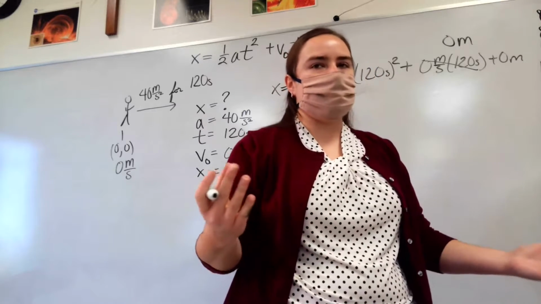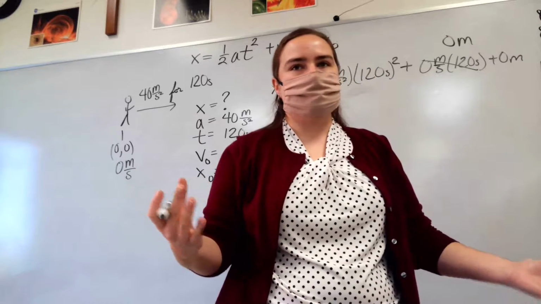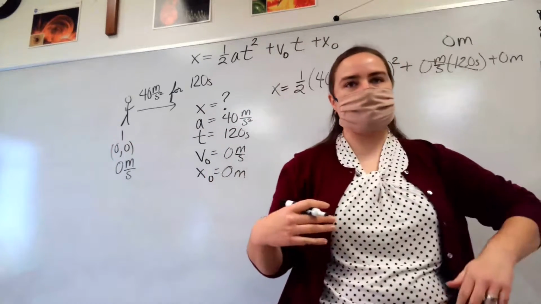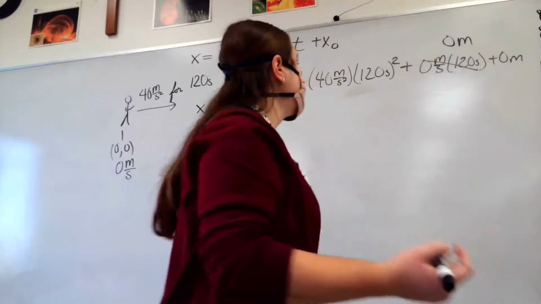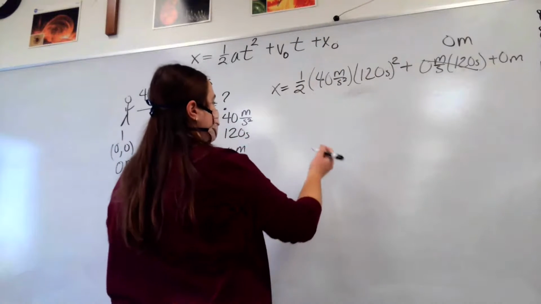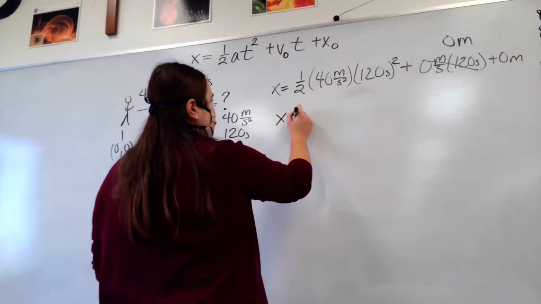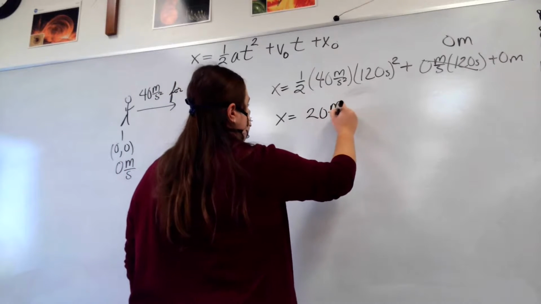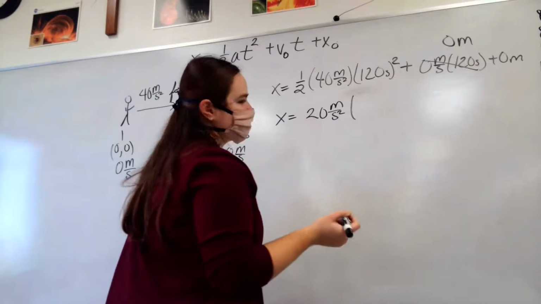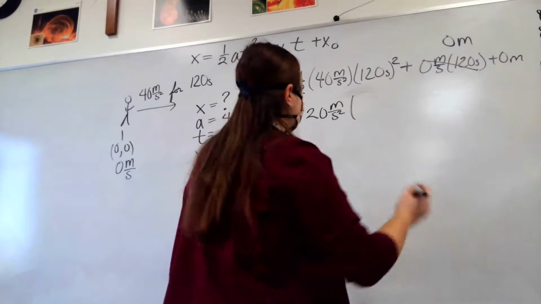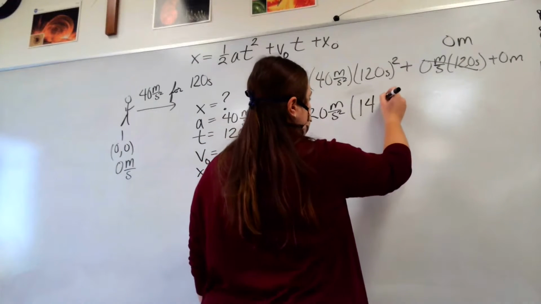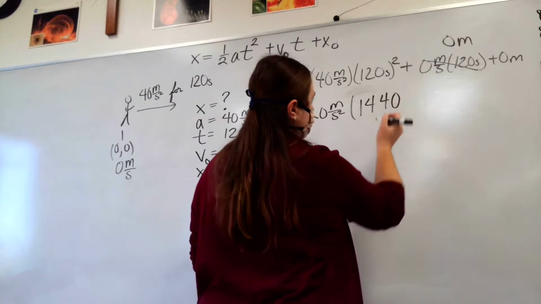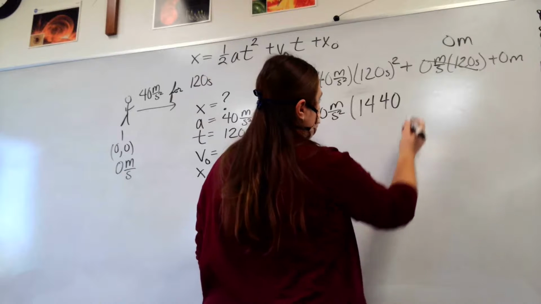What's anything plus 0? The same thing. It's just whatever you started out with. So we can now completely ignore those two terms. So all we're left with is this part here. So we get 1/2 of 40 gives us 20 meters per second squared. What's 120 squared? 14,400. It should have a lot more zeros. Oh wait, one more zero at the end.